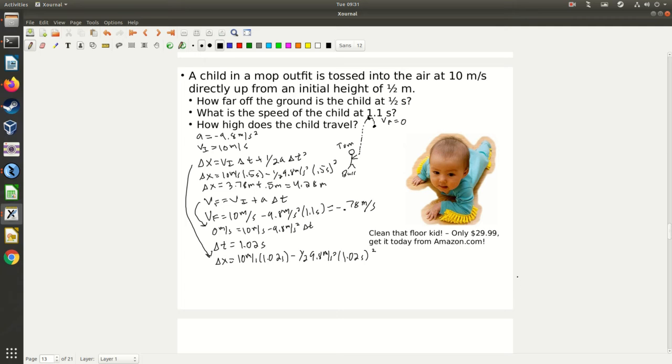This will give me the change in height, and I believe I got 5.3 meters. But recall, that's delta x. The child was initially thrown off the ground roughly a 1/2 meter. So I should add my 1/2 meter to the shebang and say 5.8 meters.